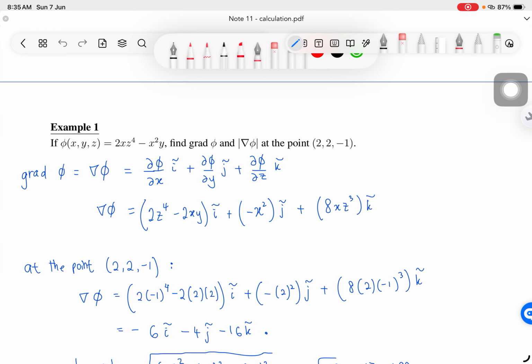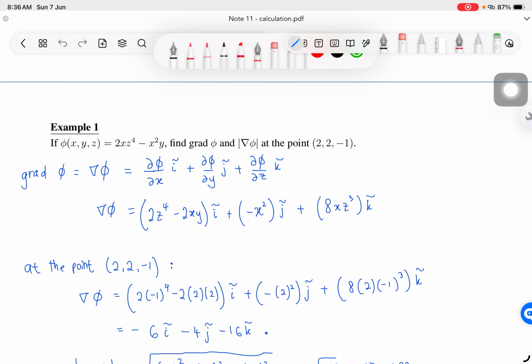To find the gradient, the gradient is also equal to del of phi. So you need to differentiate phi with respect to x, and that is your i term. To obtain your j term, del phi over del y, plus del phi over del z, that is for k.